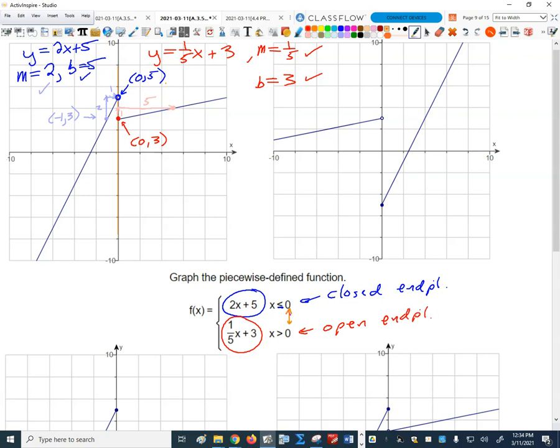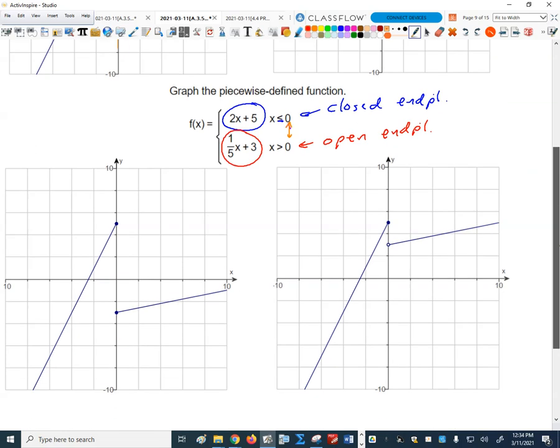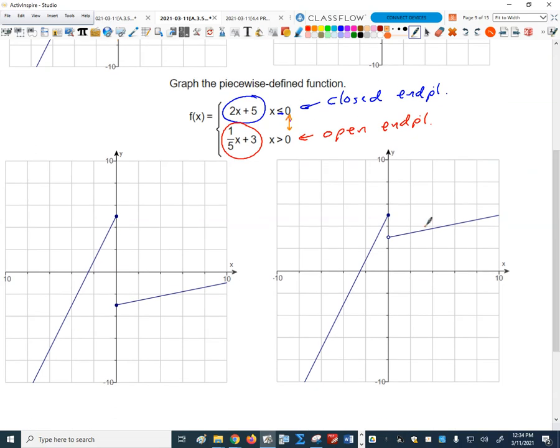So this one doesn't work, does it? We just need to find the graph that has the same lines but opposite endpoints. And that's it right there, isn't it? So this is the right one. Everybody see that? So that's our choice.